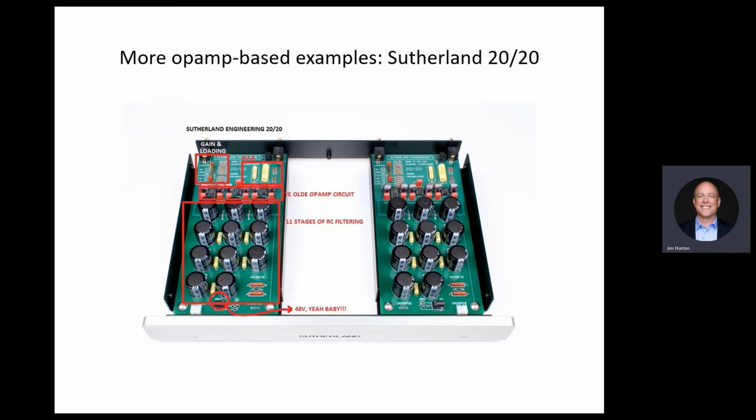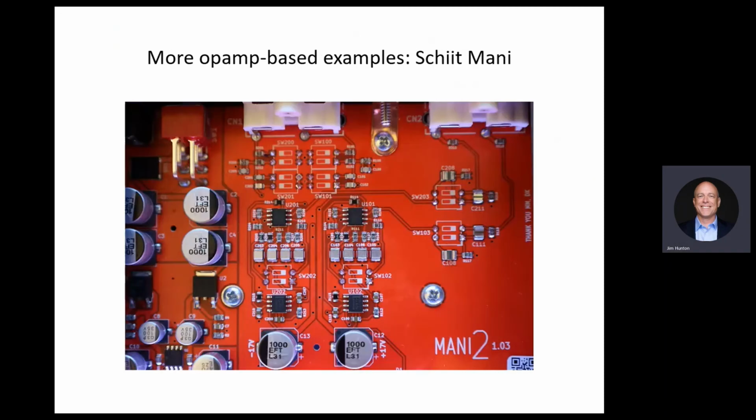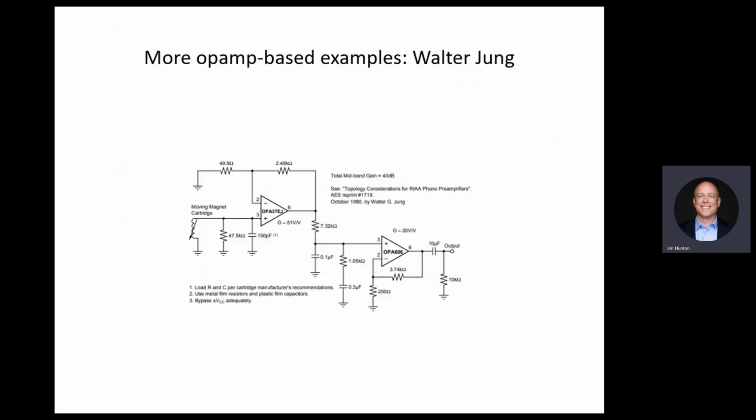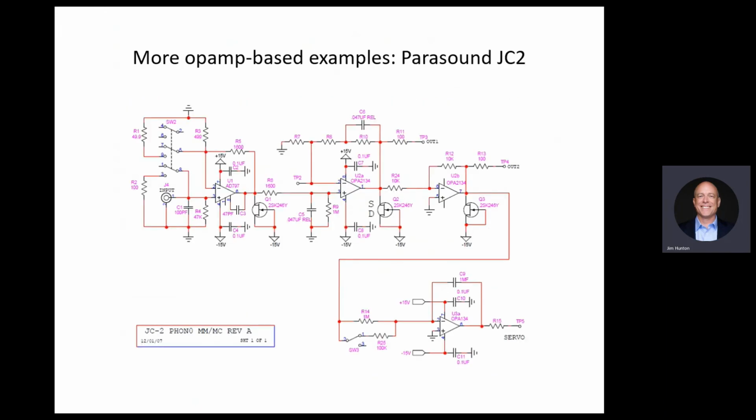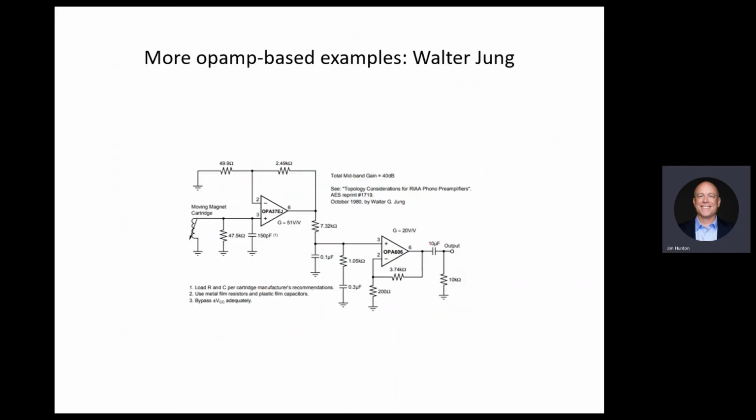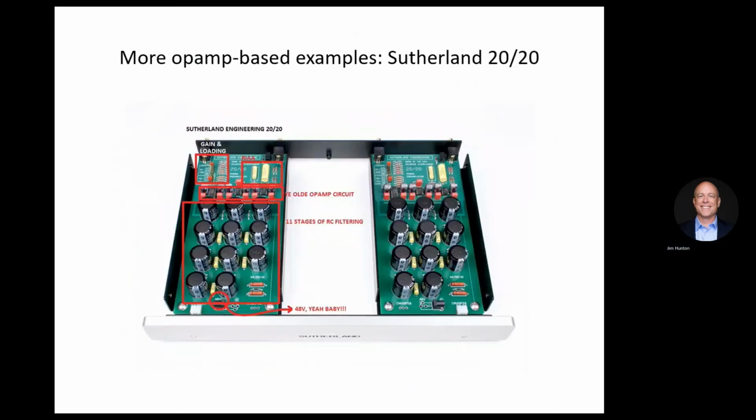I mean, once you start with op amps, you're limited to certain topologies. There's no funny stuff there. And in fact, I would say the JC2, which uses discrete devices to bias the op amps, is a better design. And I think it sells for about the same.